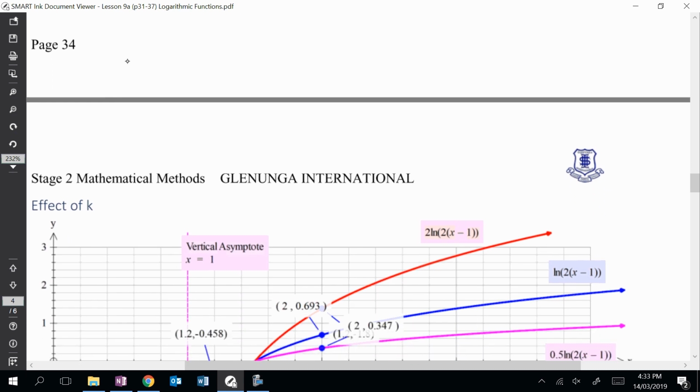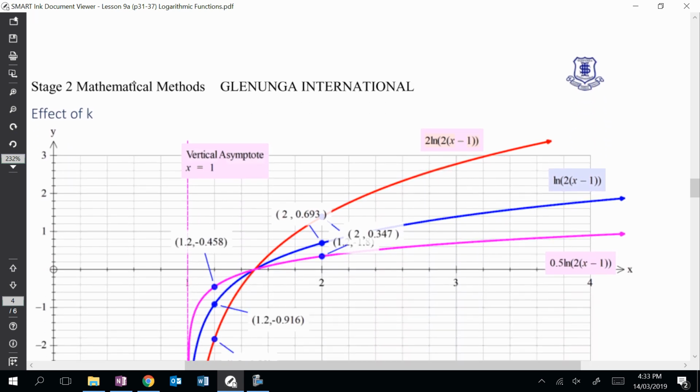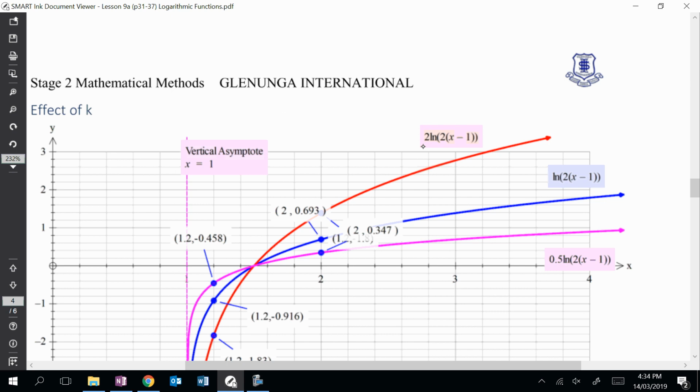Okay, now the next part, we want to have a look at k. So we'll see that here, my value of k is changing. So outside here, it's 2. Here, there's nothing there, so in that case, it's just 1. And here, it's a half. And so we can see this is determining how far my function is from the x-axis.